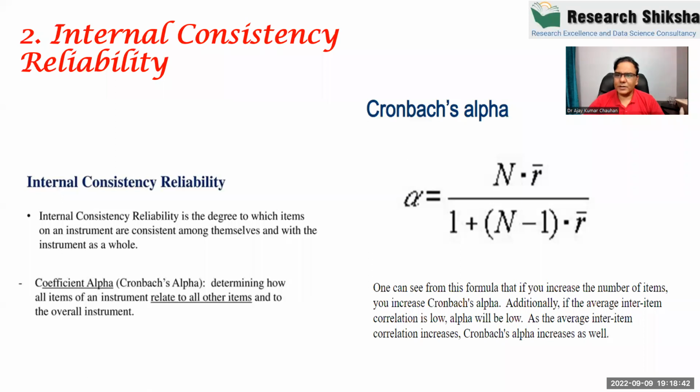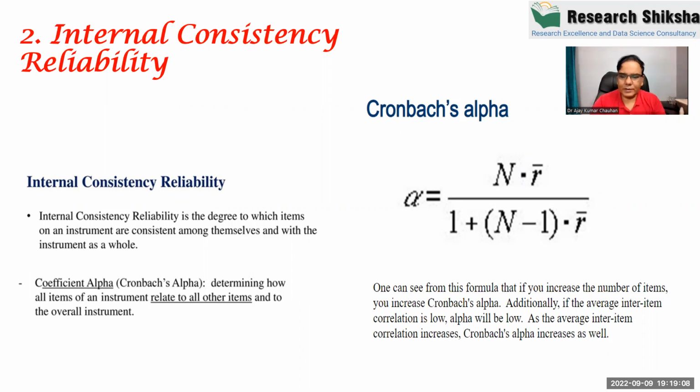Internal consistency is related to the relation between the items in a construct. When you are using a construct and the construct has, suppose, 5 items, 4 items, or 6 statements, we want to know how much these items are related to each other.